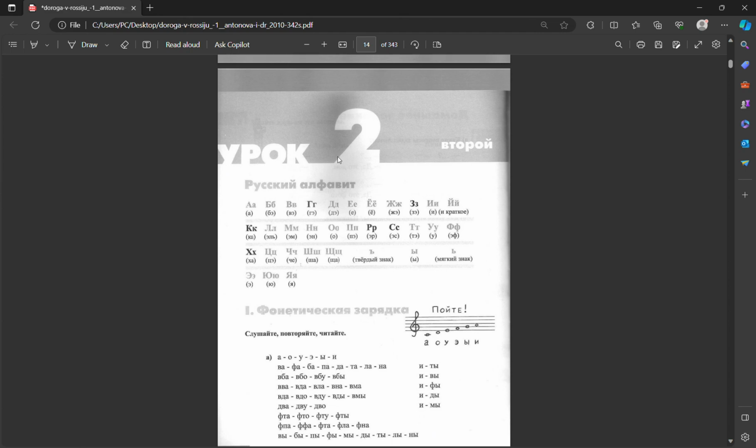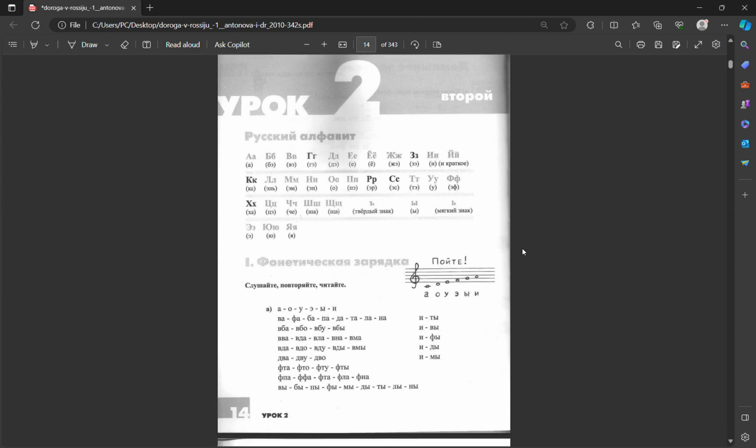Urok dva means lesson 2. Or if you say in English the second lesson, in Russian it becomes второй урок. Второй means second. These are some notes that you can write down in your notebook and everything will be fine.